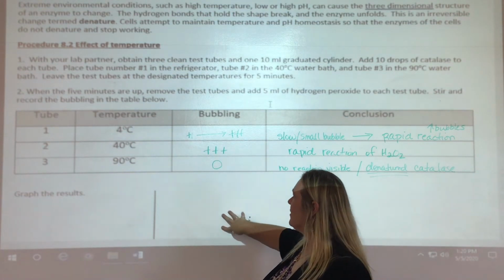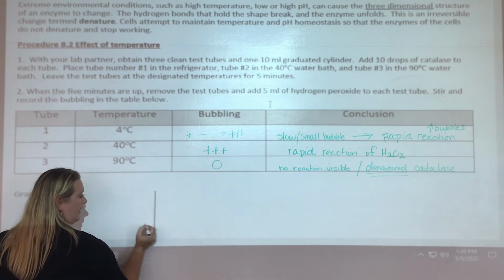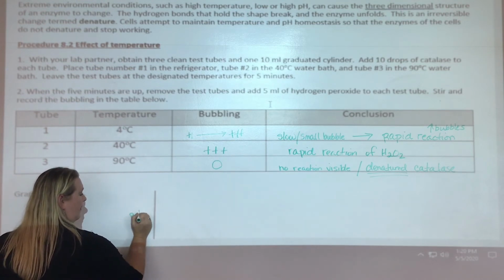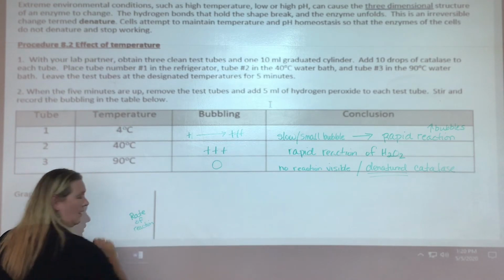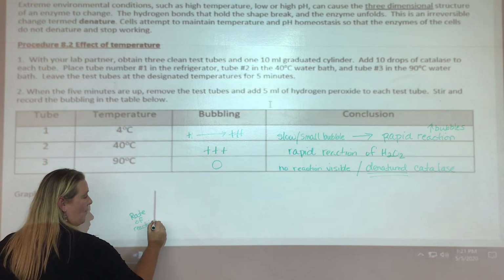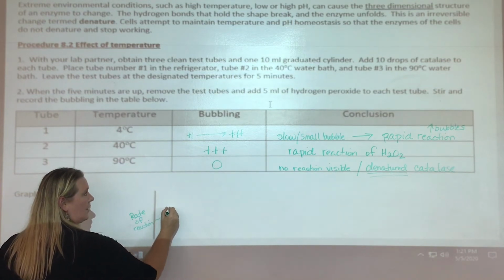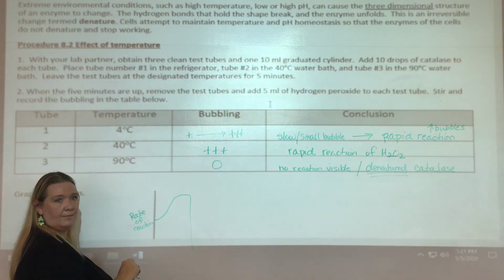Okay, graph your results. If we were saying that this was the rate of reaction, right? And then we would go, so let's say this is the 4 degree, and then we started going, and then all of a sudden nothing, right?